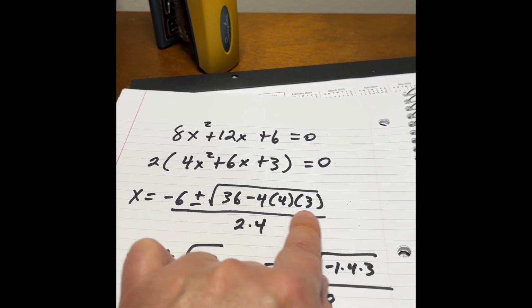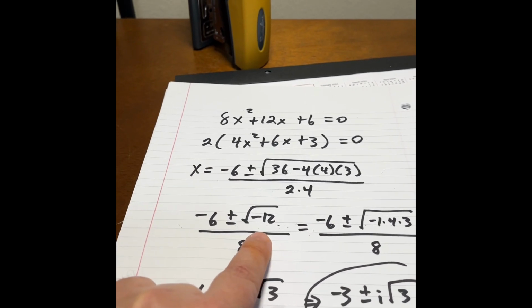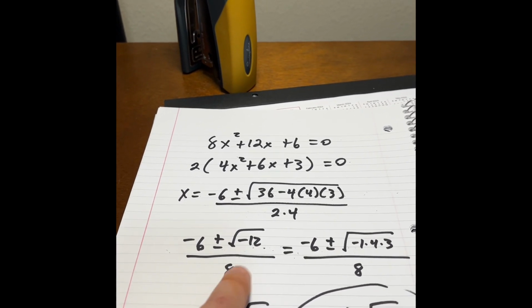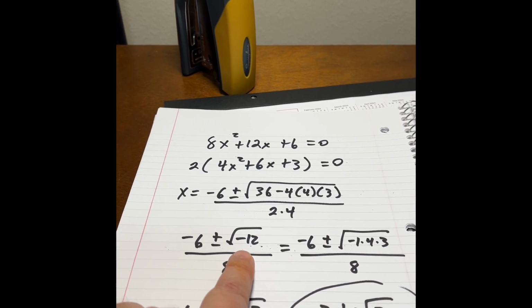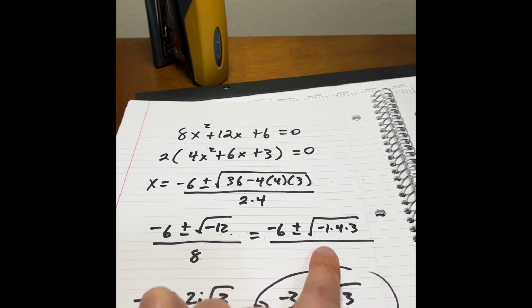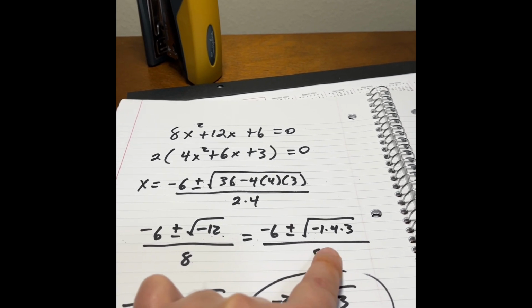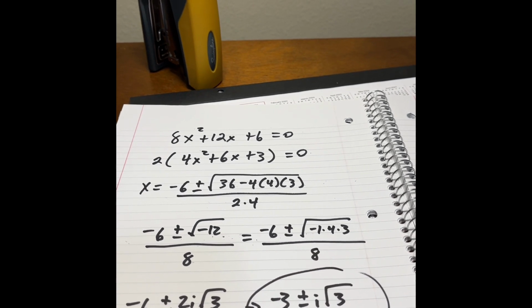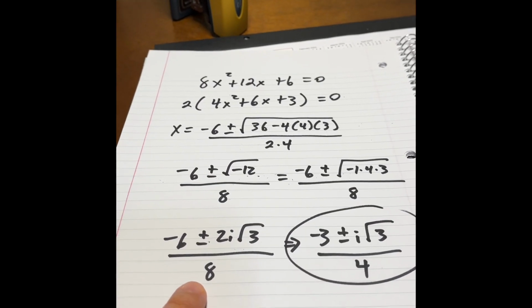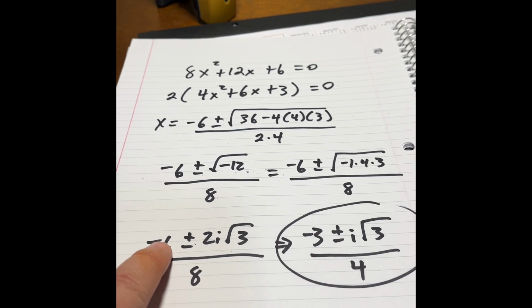Now, if you simplify this part under here, you get -12. And so I have this. So 2 times 4 is 8. When I simplify this, the -12 becomes -1 times 4 times 3. And the square root of -1 is i, and the square root of 4 is 2. So this becomes that. And then you look here, there, and there.